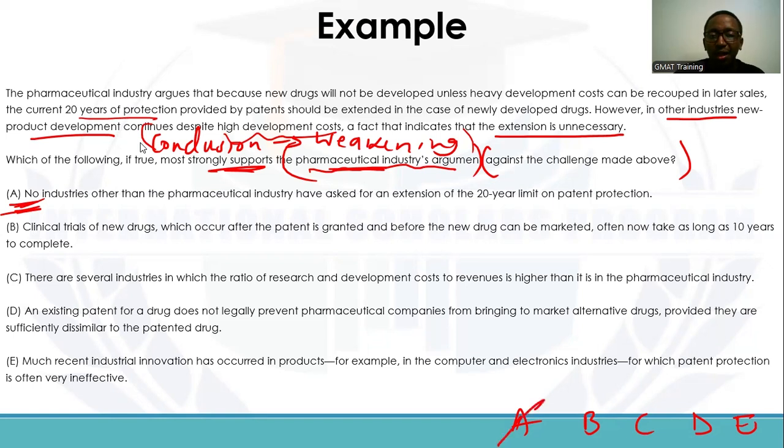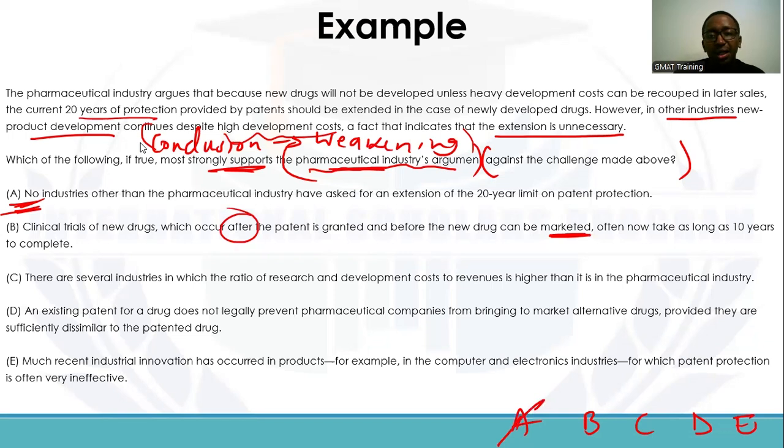So eliminate A. B. Clinical trials of new drugs which occur after the patent is granted, and before the new drug can be marketed. So trials occur after the patent, but before any, of course, if the drug is not marketed, it won't be sold.